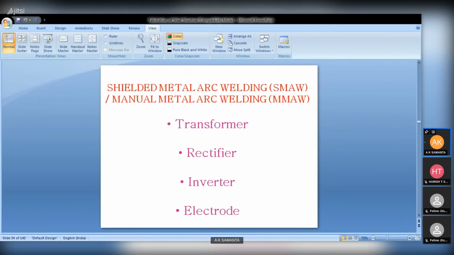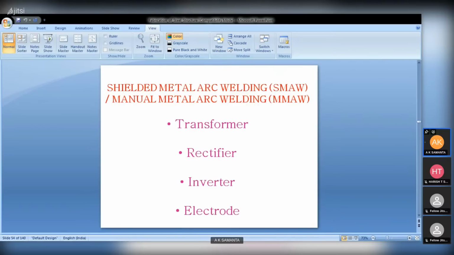Now there are also 3 types in manual metal arc welding, depending upon the machine's precision, whether it will be transformer type, rectifier type or inverter type. I am telling you, nowadays inverter type machines are used mostly. Transformer type machines are not acceptable nowadays because they give a lot of cracks in the welding position.